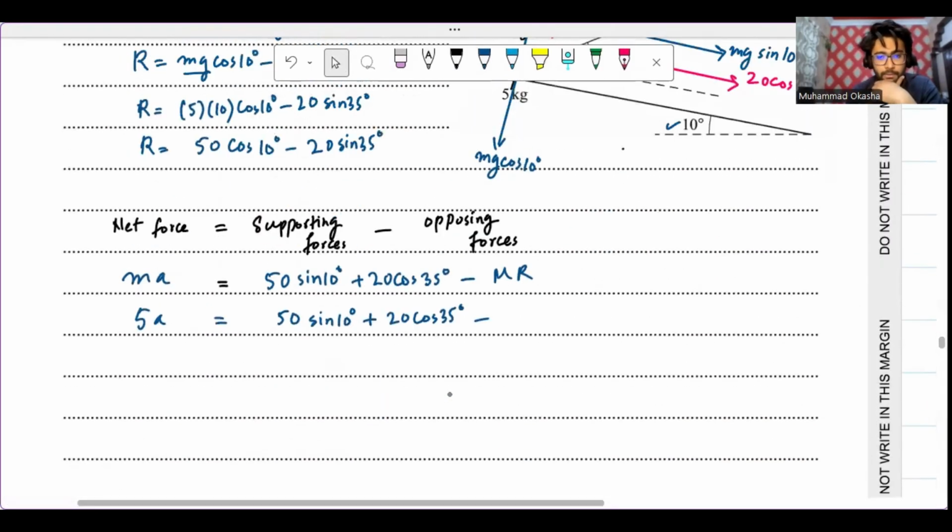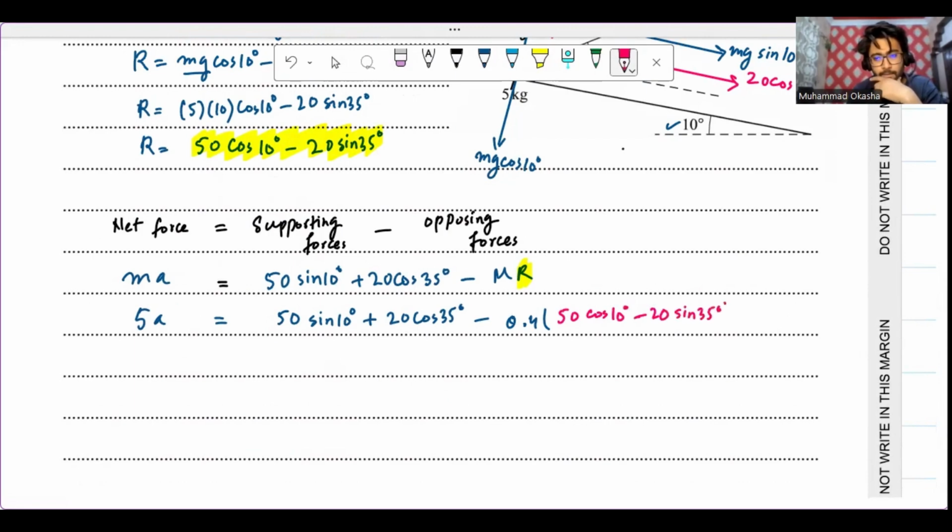So I'll put the value of mu, 0.4. And in place of R, I'm going to put its value, which we worked out over here. So that is going to look like 50 cos 10 degrees minus 20 sine 35 degrees. That's that.